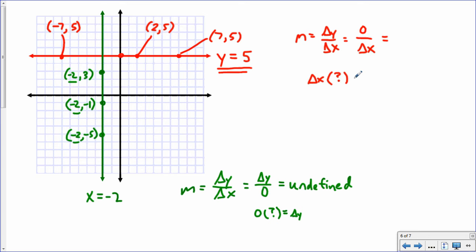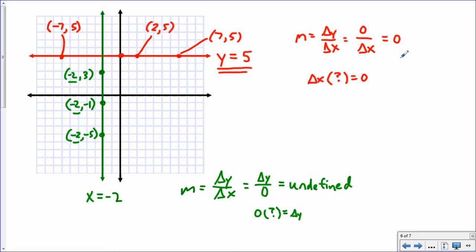That's the question that division is asking. So what do I have to multiply this guy by to get this guy up here? The only thing I can multiply him by is 0. So the slope of a horizontal line is 0.